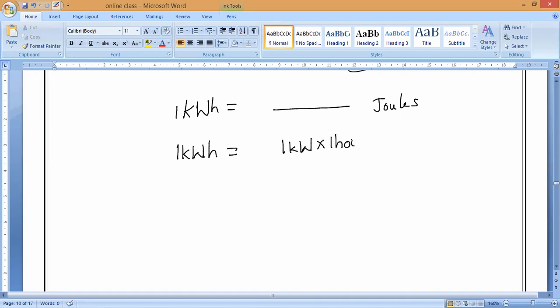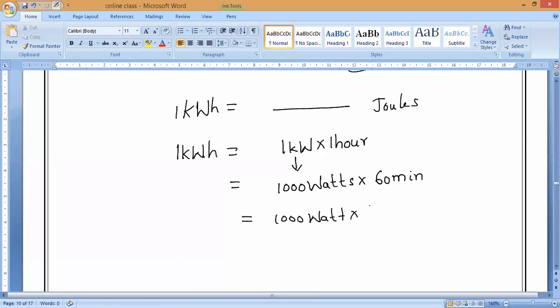Is it right or wrong? Now 1 kilowatt means how many watts? 1000 watts, into 1 hour, which is equal to how many minutes? 60 minutes. Now this is 1000 watt into 60 minutes, and 1 minute equals how many seconds? 60 seconds.